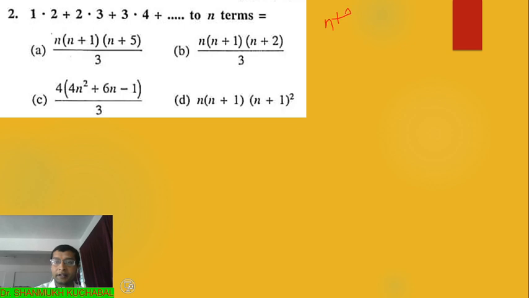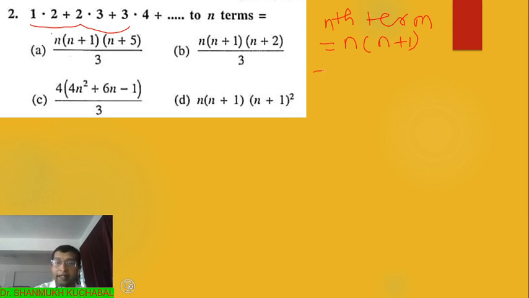The nth term is n into n plus 1. You can see here, 1 to 2, 2 to 3, like that we can write an. Then 1 here is multiplied by 2, and there is a 1 increment everywhere, 2, 3, like that, so we can take n plus 1.